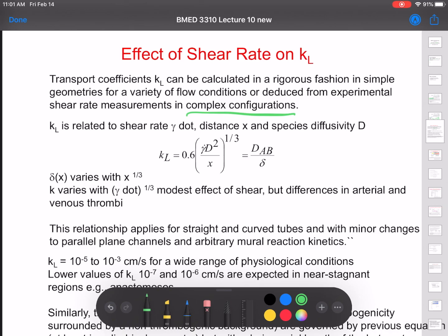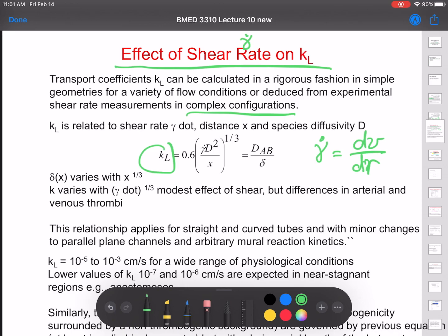And so she's showing you how you could find a local convection coefficient. One of the things that she's talking about here is the shear rate, which is gamma dot. Gamma dot is the shear rate. As you will learn when we get into the fluid mechanics portion, the shear rate is just the gradient of the velocity with respect to r, in this case.